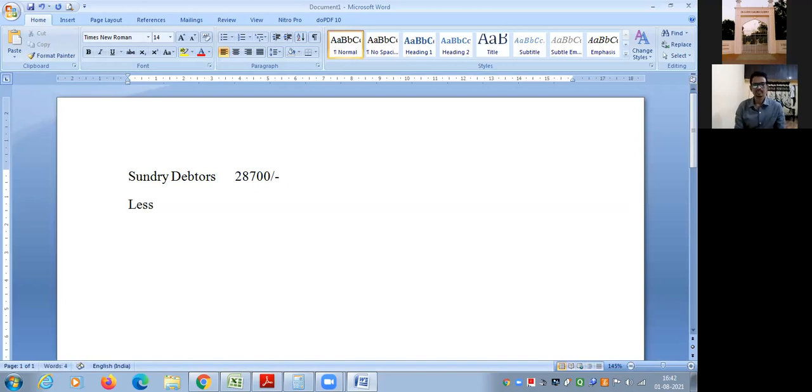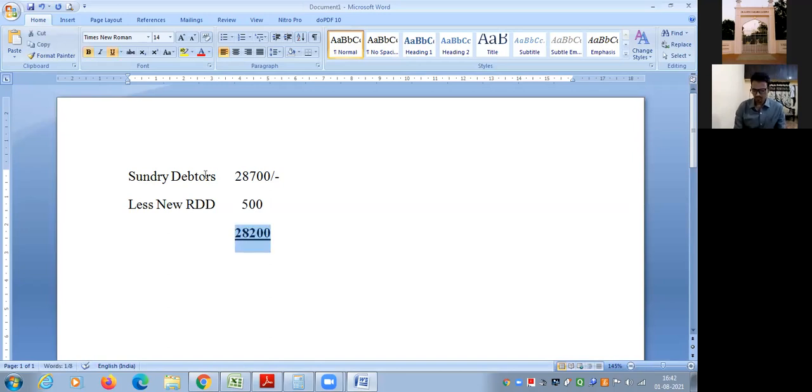Less new RDD, the amount which cannot be recovered from the debtor, is rupees 500. First we have to deduct it. The total will be 28,200.